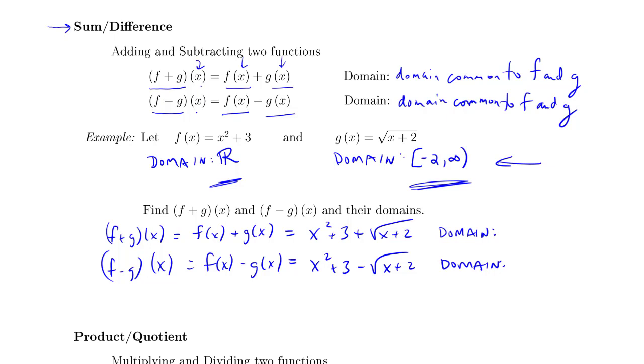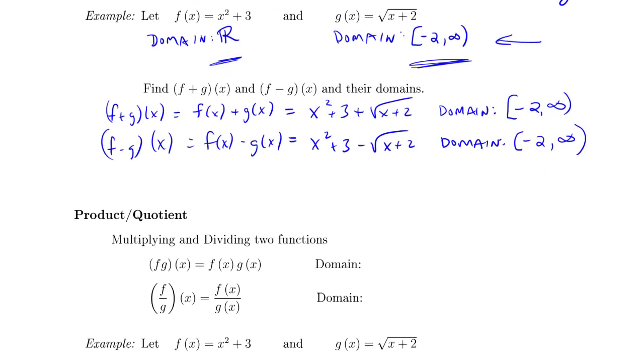So that's the part that's common to both of them. And we said that the difference function would have just the same one. Okay, so that's our sum and difference function.